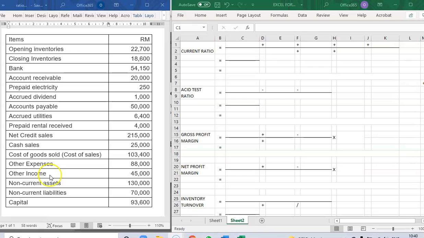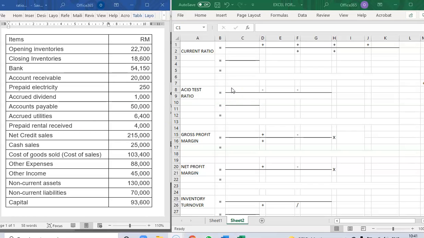But this data is not presented to you in the proper form. They just give you the data, and when you want to calculate the financial ratio, you need to understand which data belongs to which classification. Okay, let's say we want to calculate the current ratio.